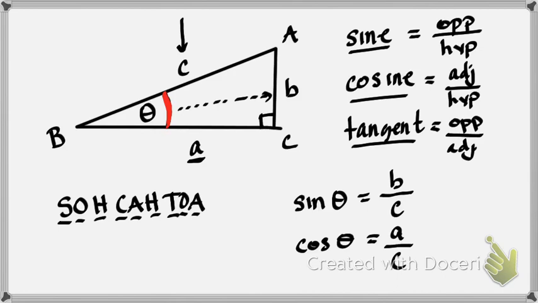You may have the sides that are the hypotenuse and adjacent. And then tangent of theta would be equal to the side opposite, B, divided by the adjacent side, which would be A. And this is how you would use a right triangle to figure out certain side lengths. Let's take a look at an example here.